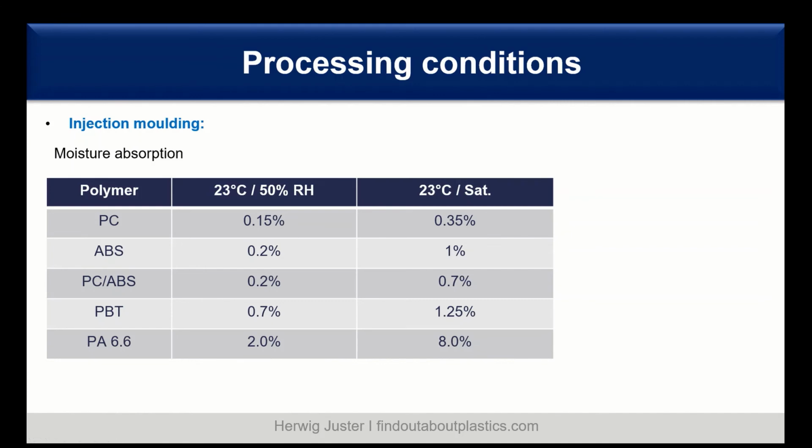And this shows you how important it is to have a properly conditioned material for the operation, and then also afterwards in use, because it is also related to the overall performance and dimensions and properties of the part.